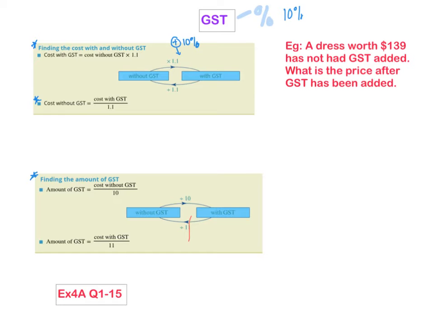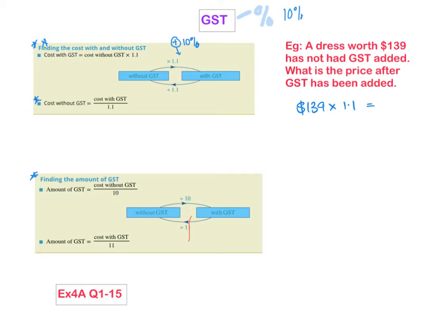So here we have a dress. If we have a dress worth $139 that has not had GST added, what is the price after the GST has been added? So what you need to do is this one. You're just going to times that 139 by 1.1.